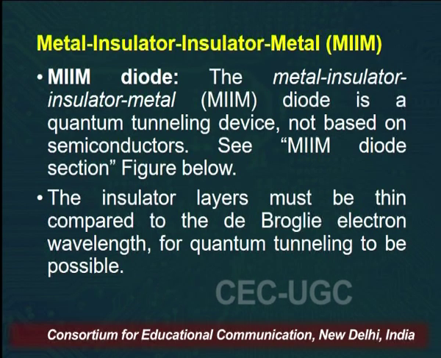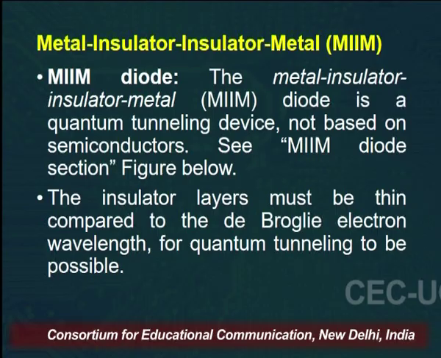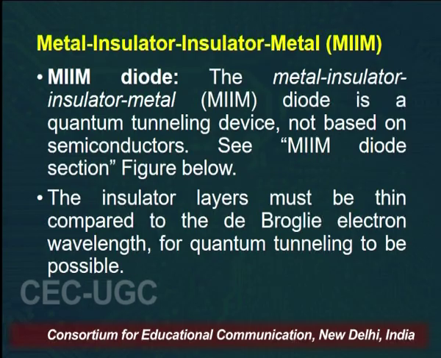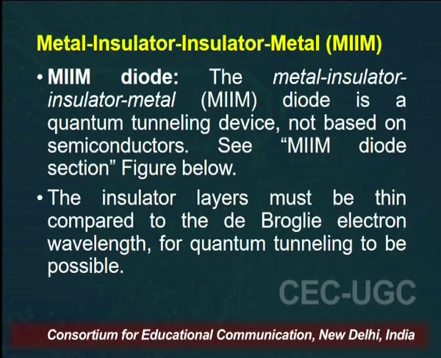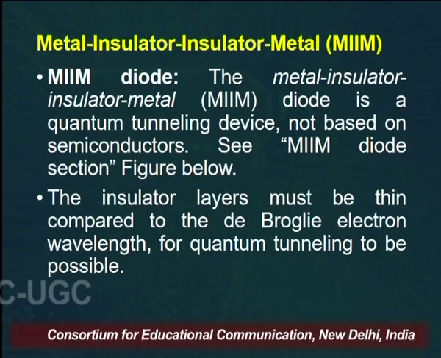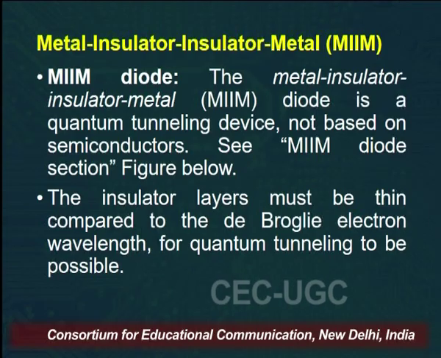This is very clear for all the quantum devices: the insulating layer we are using must be thin compared to conventional diodes. Here the insulating layer must be thin compared to the de Broglie electron wavelength.